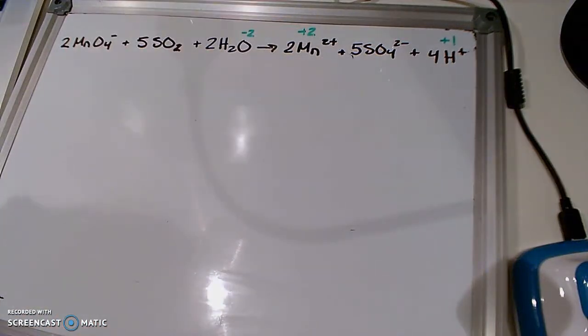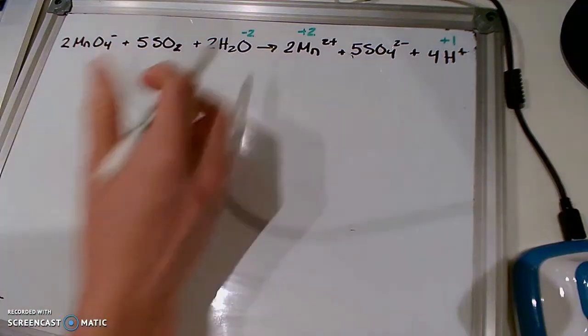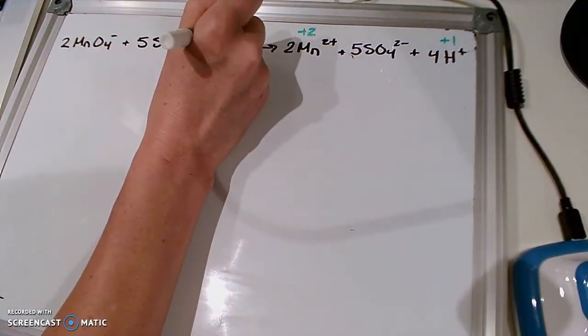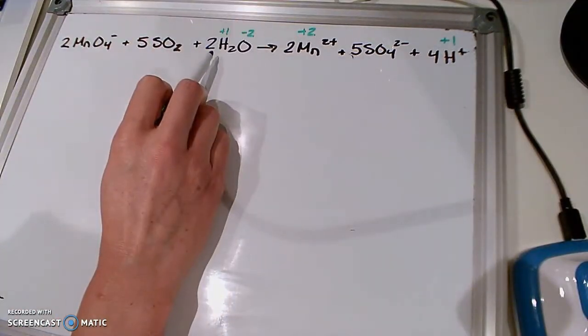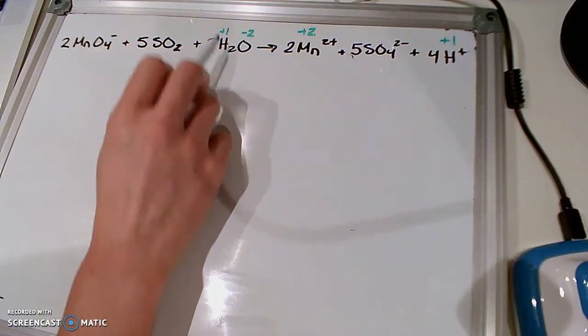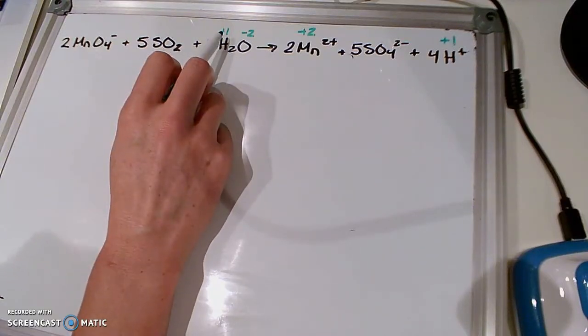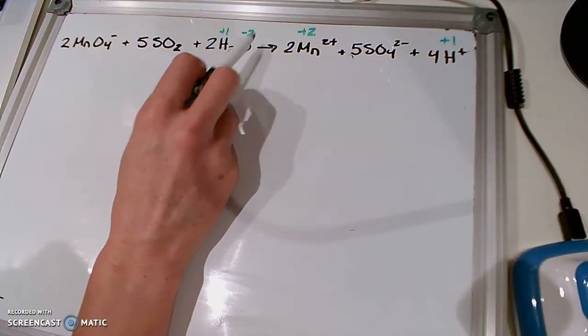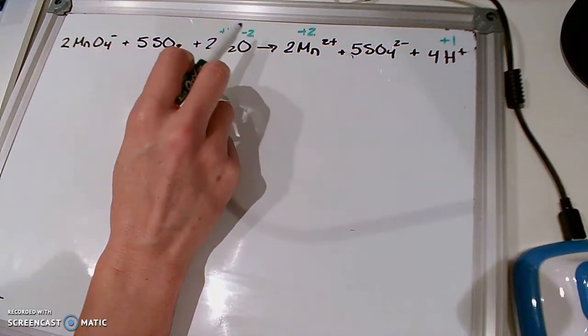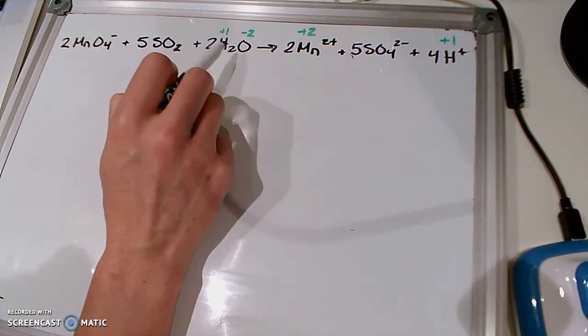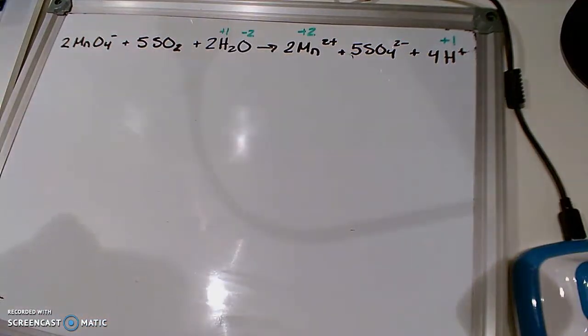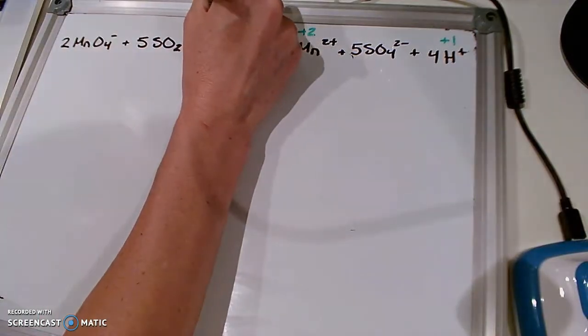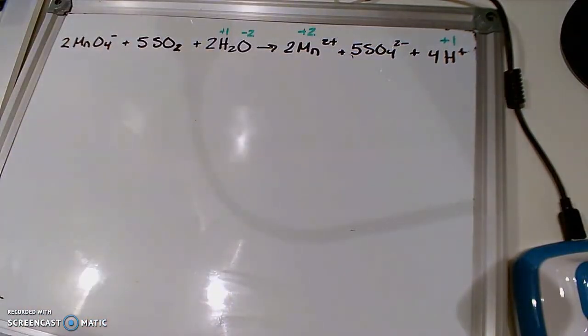And hydrogen is almost always going to be +1 when it is combined. That makes sense because we have two hydrogens here, 2 times +1 would be +2, combined with -2, this oxidation number total adds up to 0 for water.